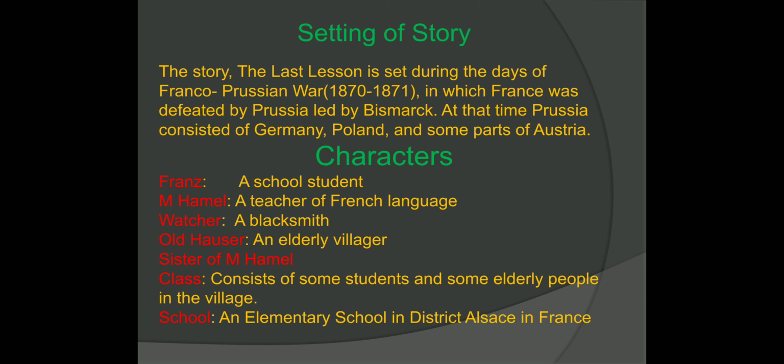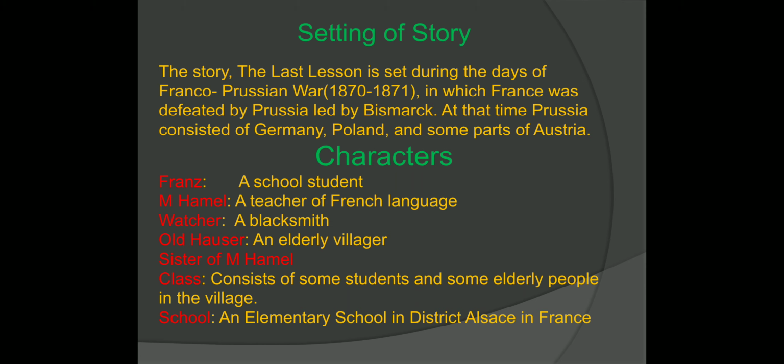Characters. Let us know the main characters of the story who will appear in it. First is Franz, a school student and one of the main characters. Then M. Hamel, another character, a teacher of the French language.